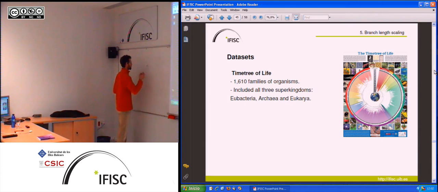Let's say this is a particle. From the physicist's point of view, this is a particle. You can call it gene or species. It's it. So, if you consider a mass extinction event, this is erased.